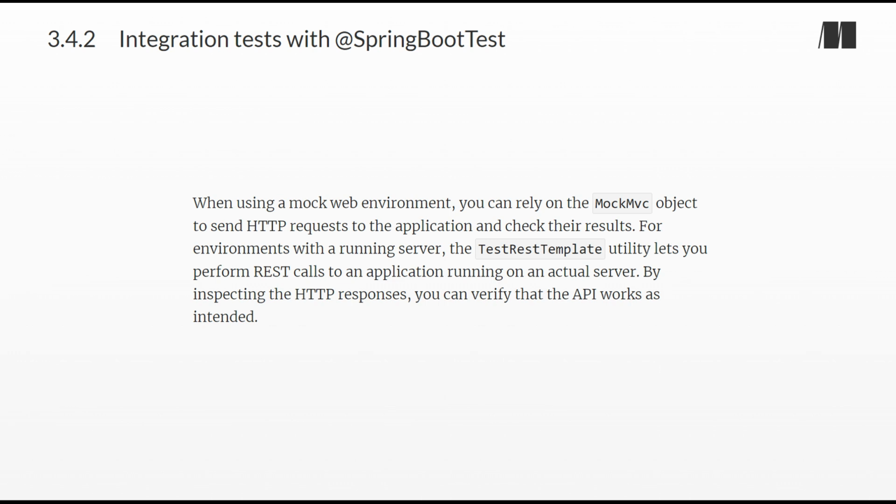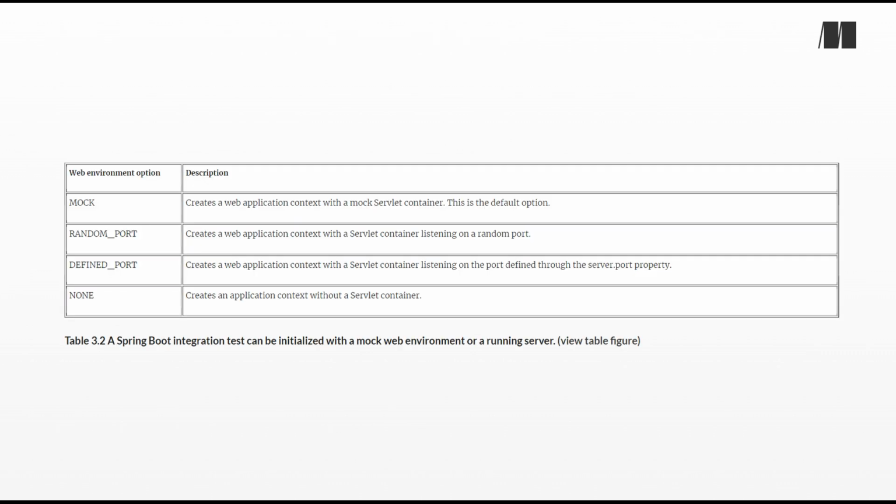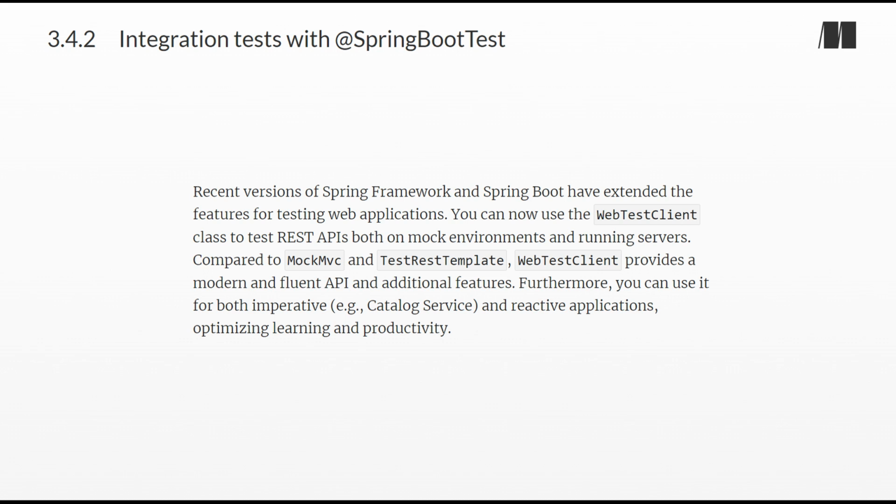By inspecting the HTTP responses, you can verify that the API works as intended. Table 3.2. A Spring Boot integration test can be initialized with a mock web environment or a running server.